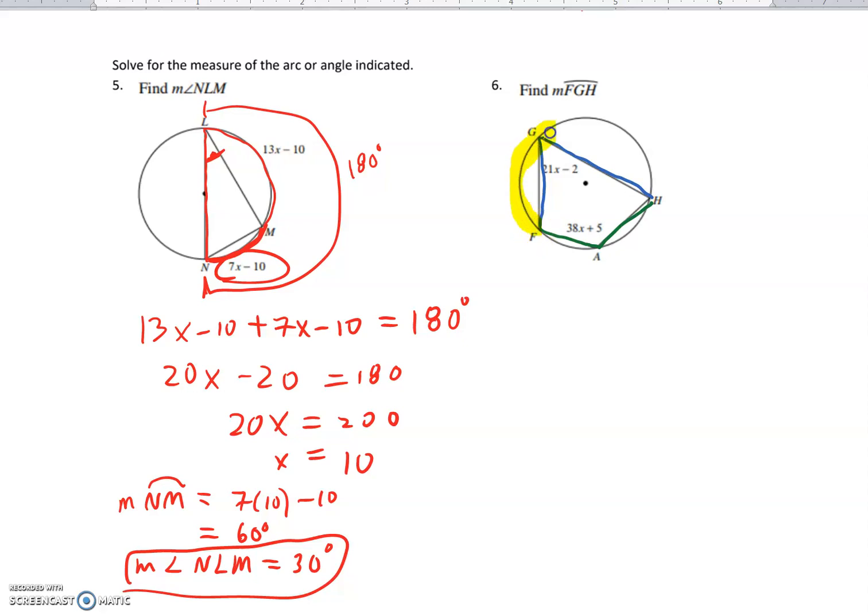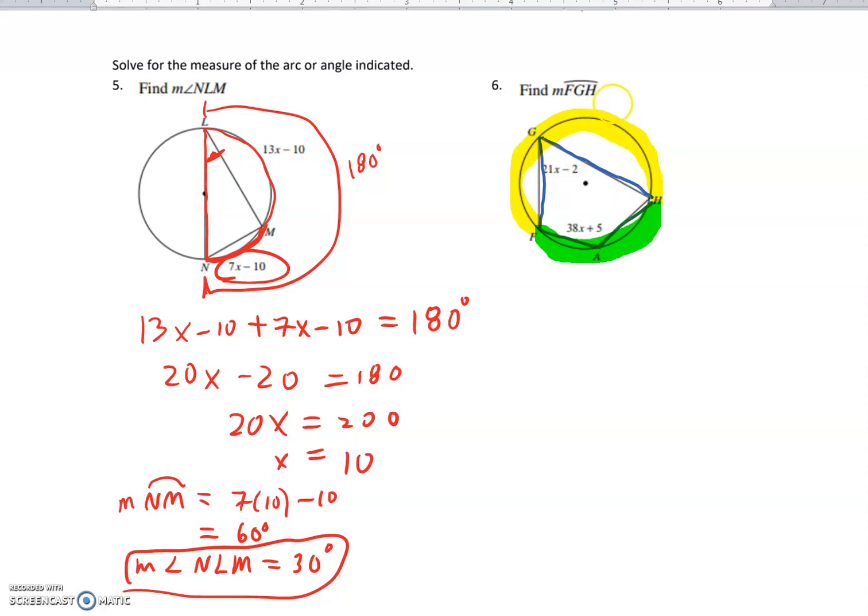So for the green angle, this is one arc that's intercepted by the green angle, and then the arc that's intercepted by the blue angle, angle G, would be this one.